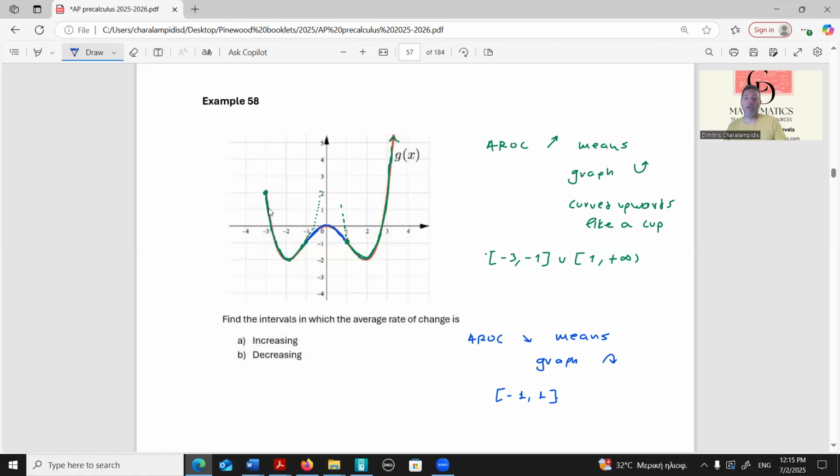Regarding this video in which we tried to connect the concavity and the average rate of change, remember once again that the concavity of a function is highly connected with the monotonicity of the average rate of change. Average rate of change increases, the concavity is concave up. Average rate of change decreases, concavity is concave down.